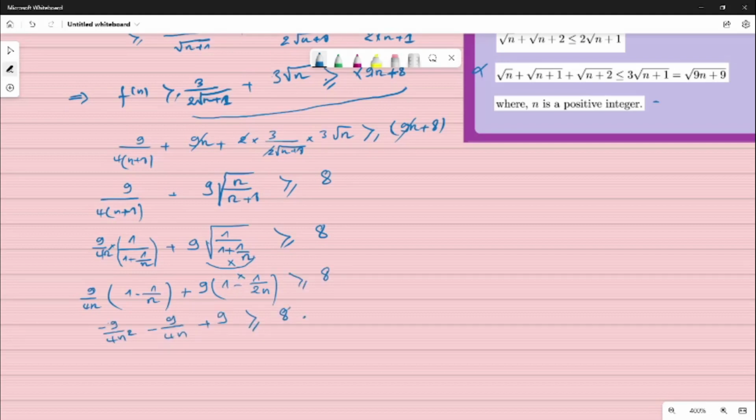And here we can get rid of this 8, and then it is sufficient to prove that this quantity is greater than 0.